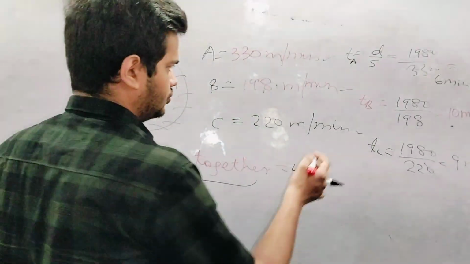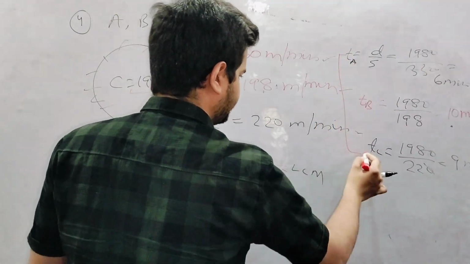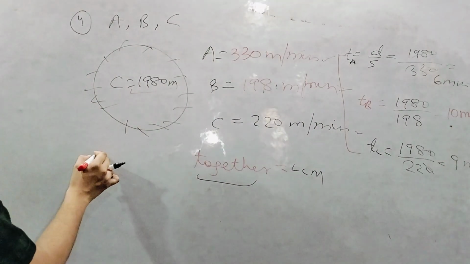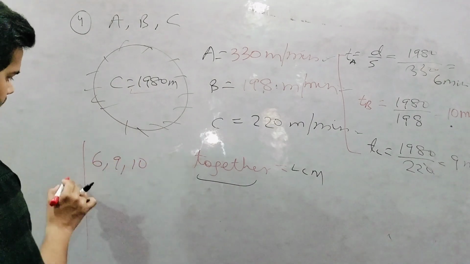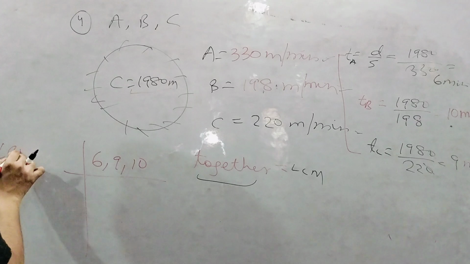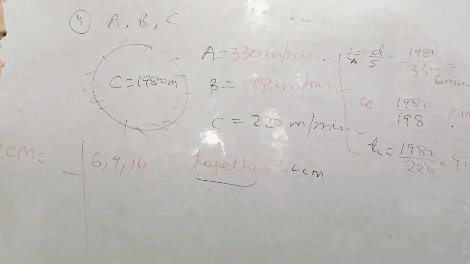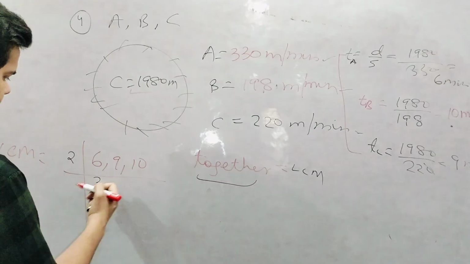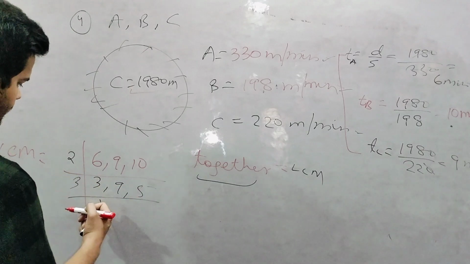Alright. So these three will meet after their LCM is found out. So on finding the LCM, we get the LCM of 6, 9 and 10. After the time of this LCM, these three will meet. So it is 2 3s are 2, 5s are 3, 1.